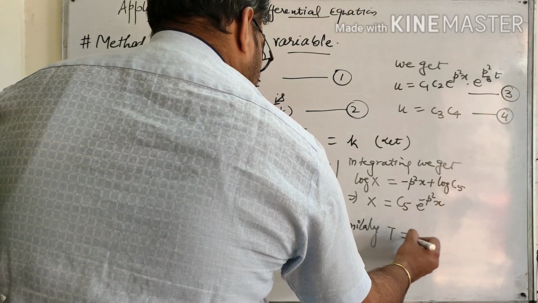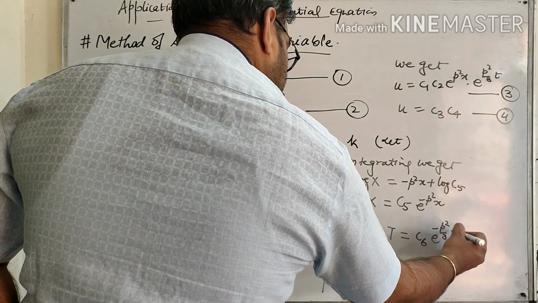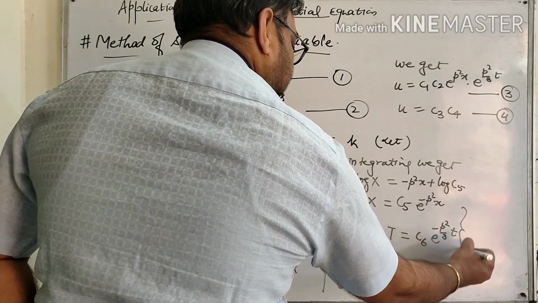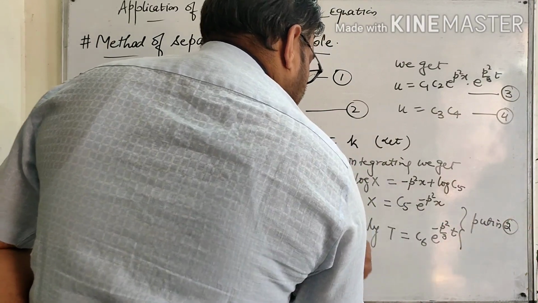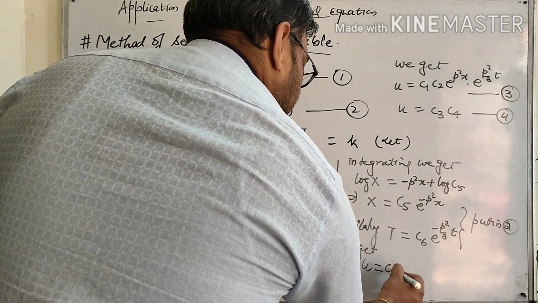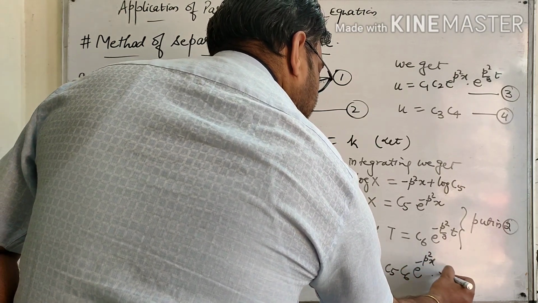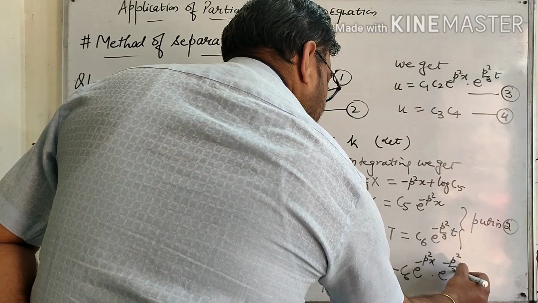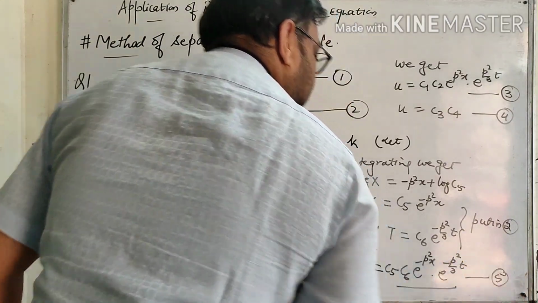Similarly, T equals C6 e raised to power minus (p square by 3)t. Put in second. We get u equals C5 C6 e raised to power minus p square x into e raised to power minus (p square by 3)t. That is equation number 5.